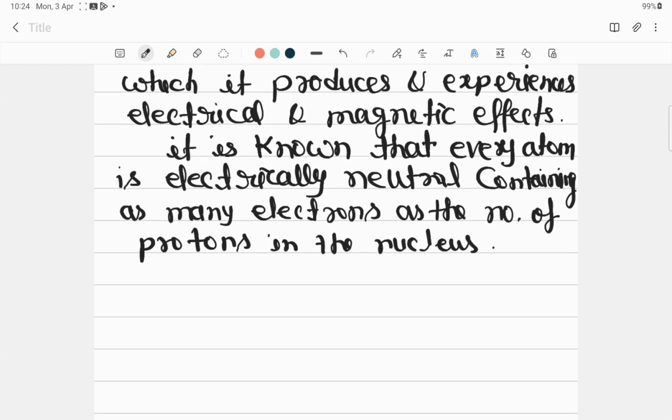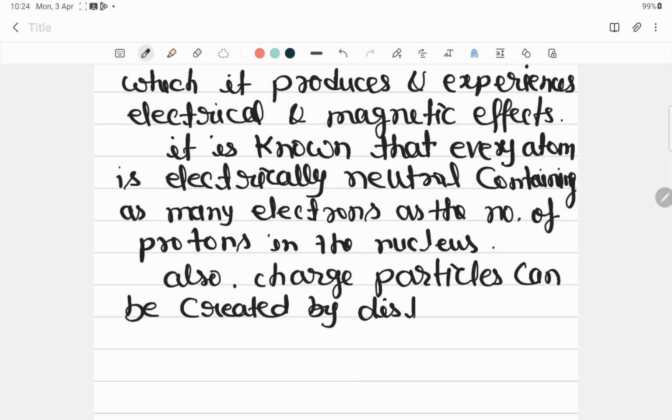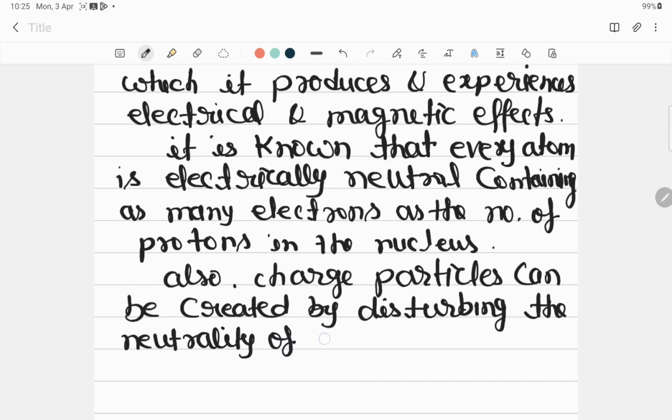So also charged particles can be created by disturbing the neutrality of an atom.